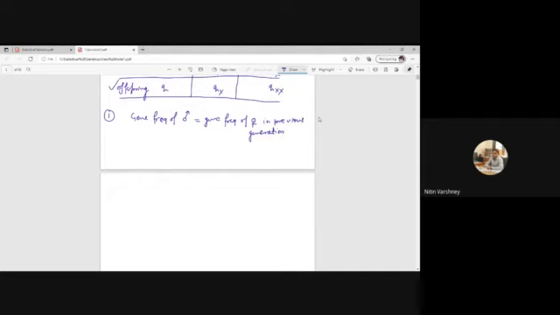What does this mean? If I write our offspring, this will be the gene frequency of male. And what will be the gene frequency of female in the previous generation?